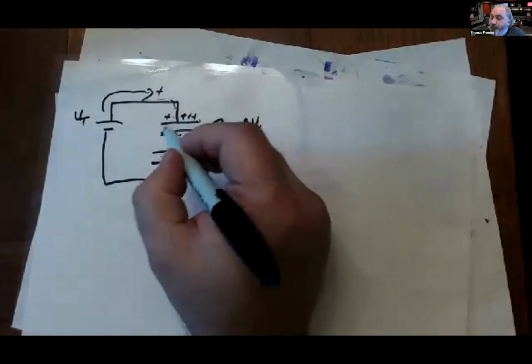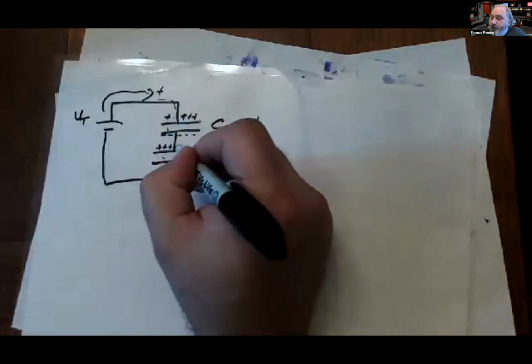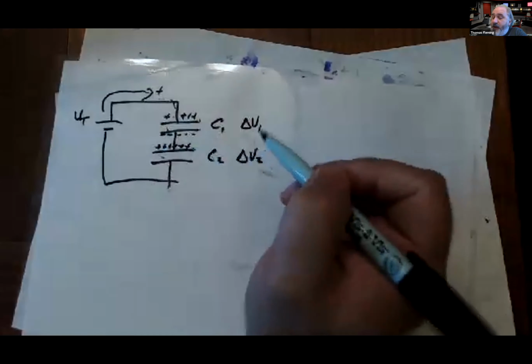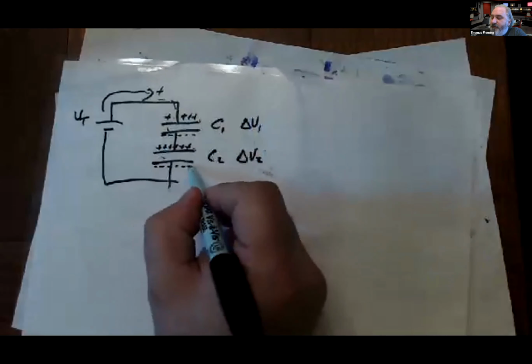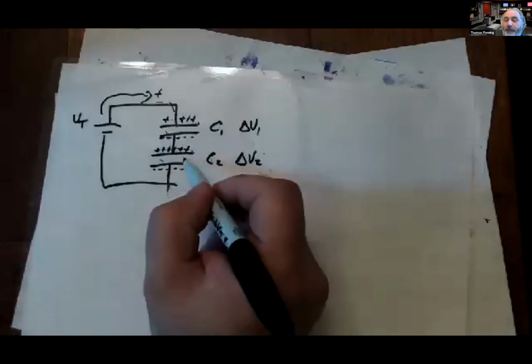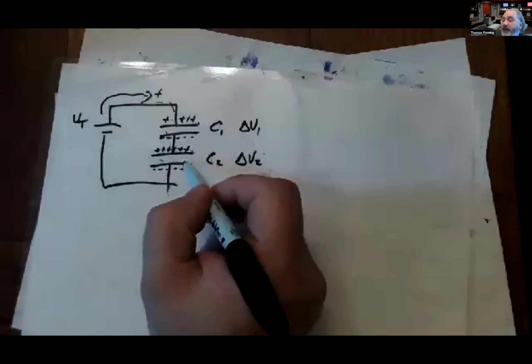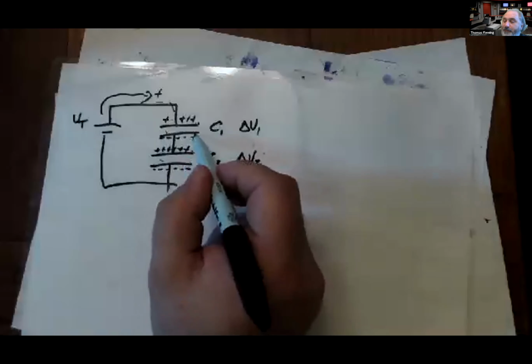It went here. And that, of course, drove away positive charge from there, leaving behind negatives. But all the charge that appears on that second capacitor came from the bottom plate of the first capacitor. So I can't get charge on this unless I pulled it from there.